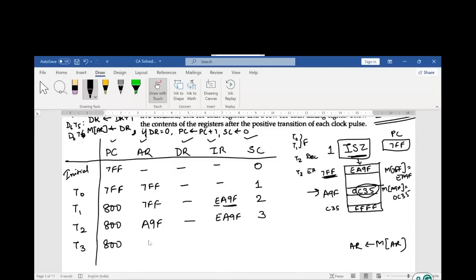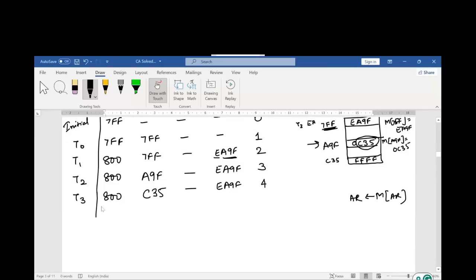So C3F will go to AR. Here also we are not using DR yet. IR would remain as it is. The sequence counter would be set to 4 so that the next timing signal, T4, is generated.